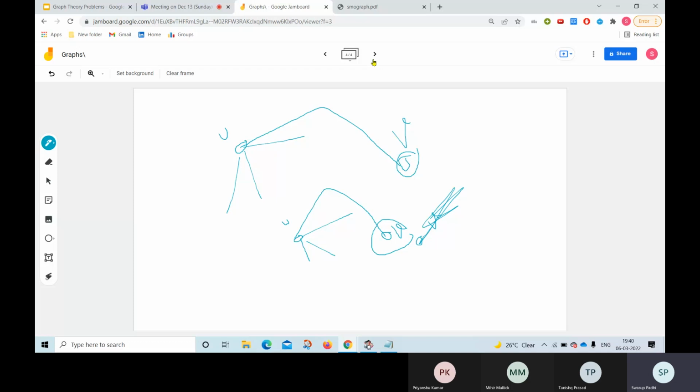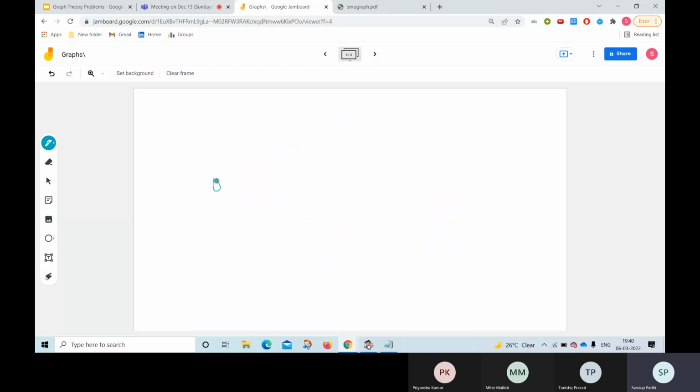Each edge is connected to two vertices, and we have already proved that the sum of degrees of vertices in a graph is even. The parity is even. So if the degree of this vertex is odd, then there has to be another vertex which has odd degree.